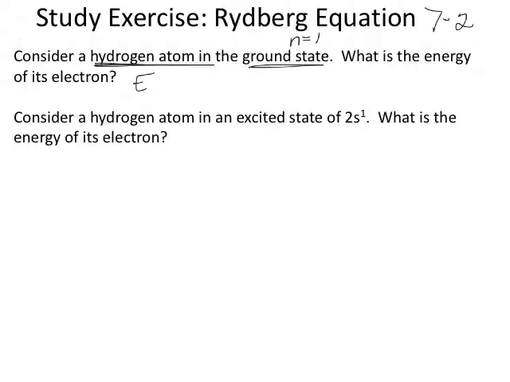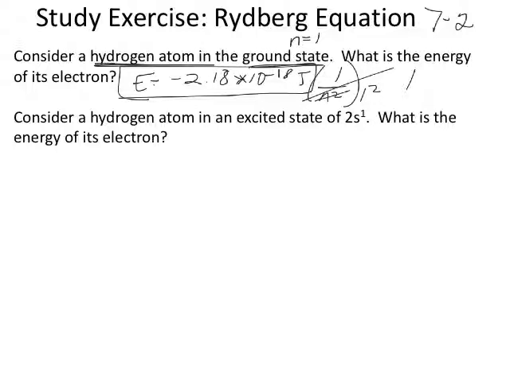So you just do E equals negative 2.18 times 10 to the negative 18 joules times 1 over the n squared. And n squared is going to be 1 times 1, right? So that's all going to be 1. So this is your energy. Negative 2.18 times 10 to the negative 18 joules is the energy.